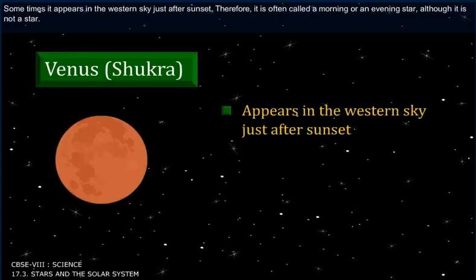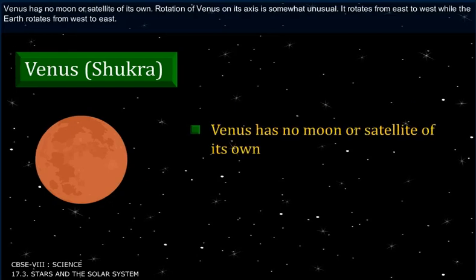Sometimes it appears in the western sky just after sunset. Therefore, it is often called a morning or an evening star, although it is not a star. Venus has no moon or satellite of its own.